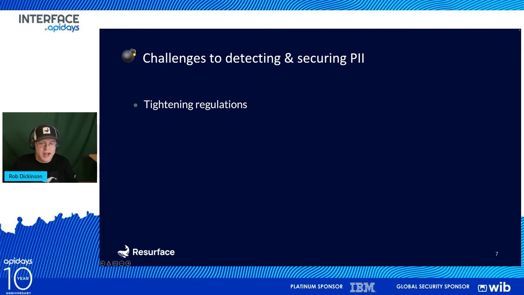So you really have to be up to date on what are the latest standards of care, not just in your jurisdiction, but in every jurisdiction that you operate in. That's a hard thing over time. It is a moving target. These regulations change very quickly, just like the APIs are changing very quickly.